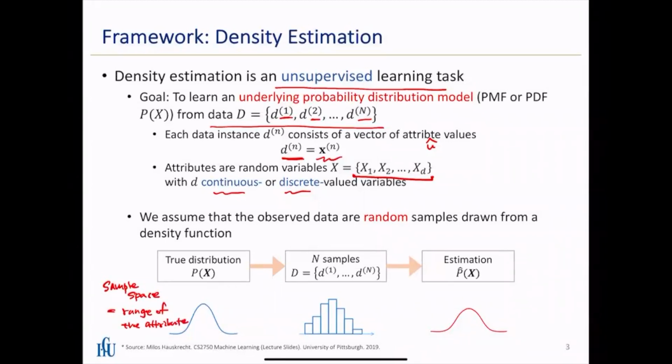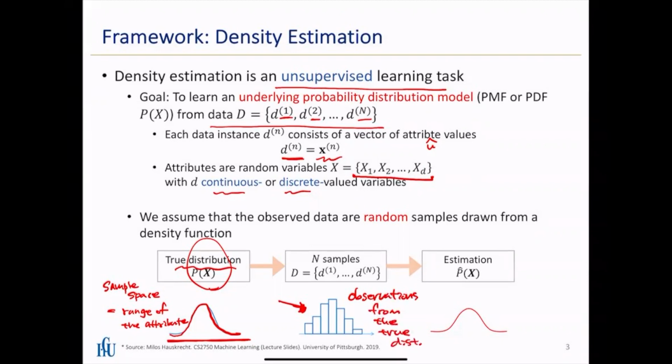Speaking of this kind of distribution, the sample space is the underlying axis. Based on the actual observation, the big assumption is that there is a true distribution, and from this true distribution we are sampling our data. This is the observation from the true distribution.